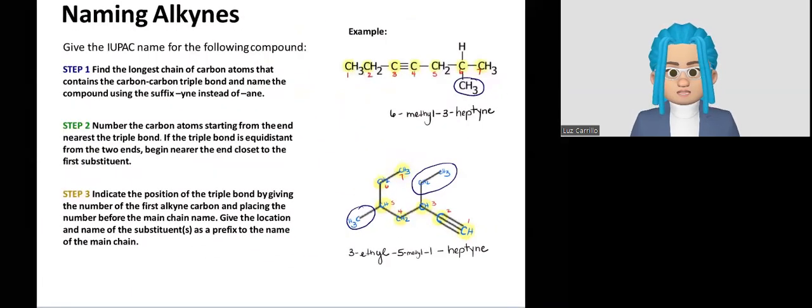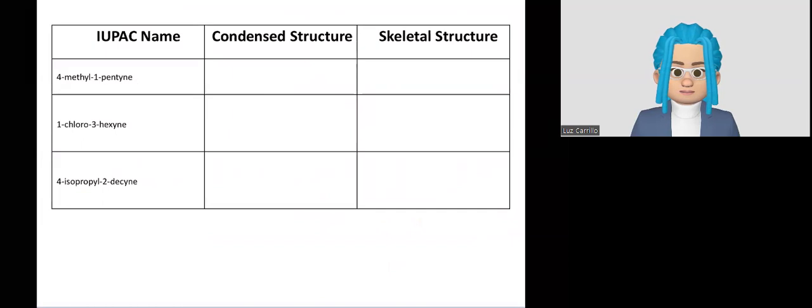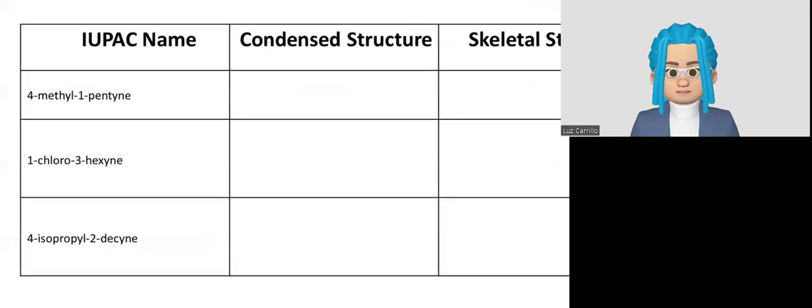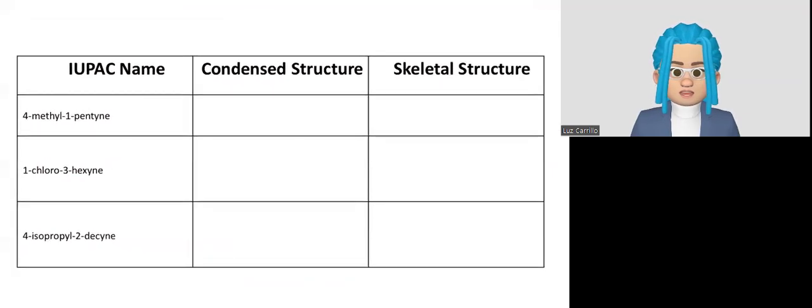Let's practice now going from name to drawing the structure for an alkyne. I'm going to utilize the first one, 4-methyl-1-pentyne.